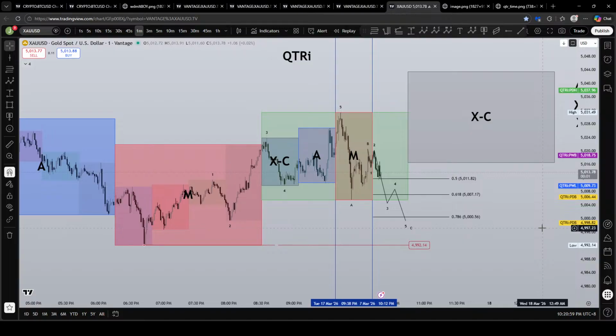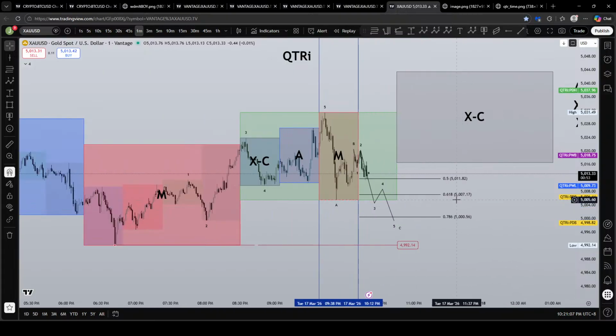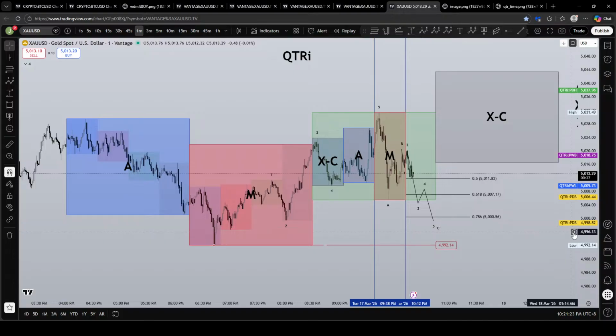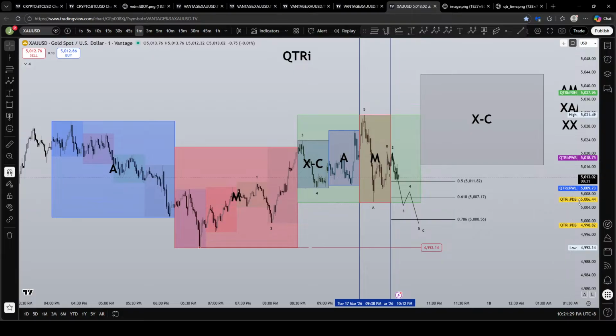The previous body of the day, week, month or year can be used as a continuation level or reversal level. In this case, if we base it on the 1 minute time frame Elliott wave structure, then the possible reversal would be at PDB high, or the previous day body high, which was already taken by wave A.